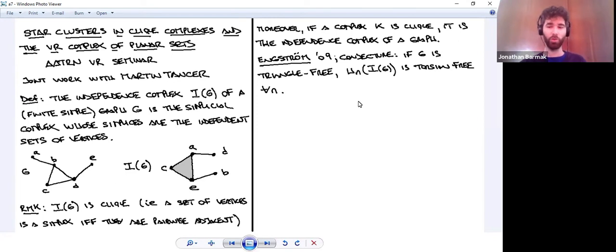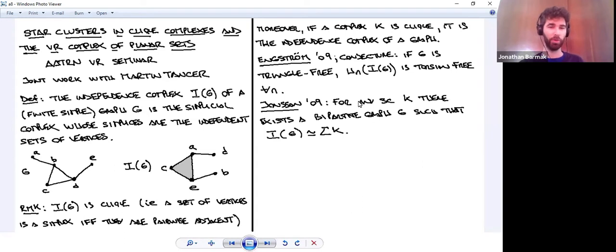This conjecture was not open for long because in the same year, Jacob Johnson proved that for any simplicial complex, there is a bipartite graph such that its independence complex is homotopy equivalent to the suspension of the complex. Now, a bipartite graph in particular is triangle-free, since there are no cycles of odd length.